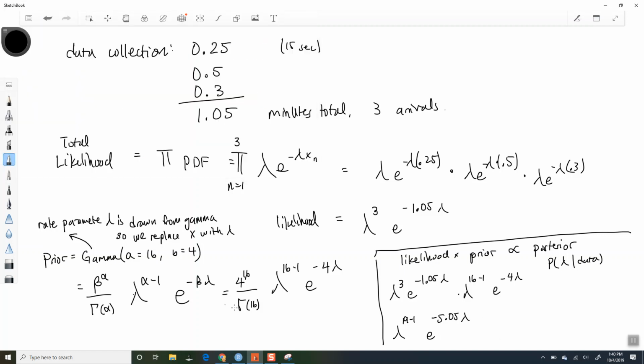Can we find an alpha and a beta so that this is proportional to a gamma distribution? We had a gamma prior, we multiply it by our likelihood, and so this is basically equivalent to a gamma distribution with what shape parameters for my revised gamma distribution?